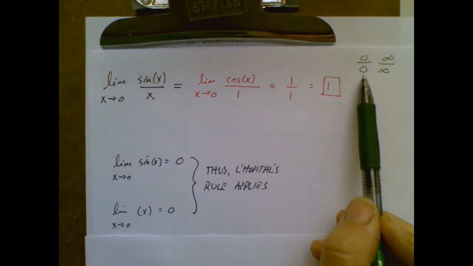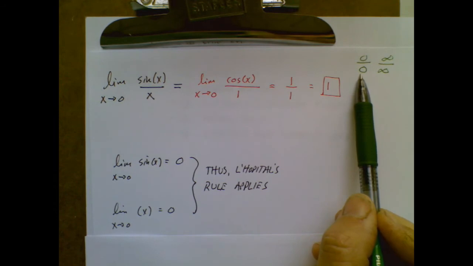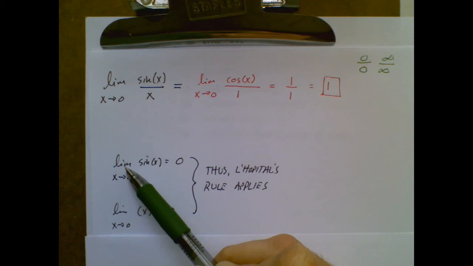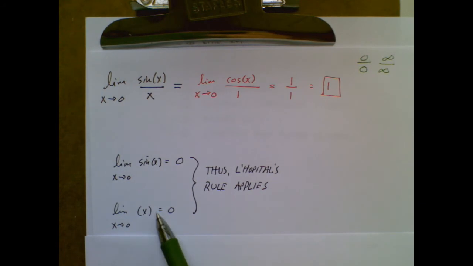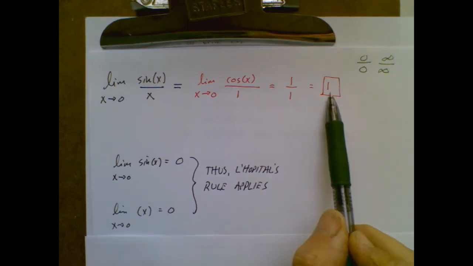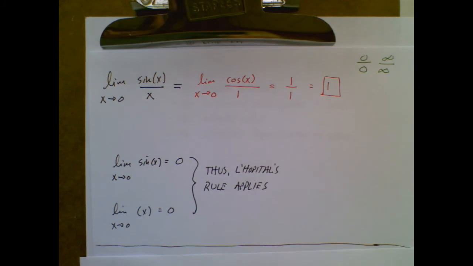Your instinct is just to scribble a 0 over 0 on the paper, but that doesn't cut it. You have to do this. You say, hey, I did the limit of the numerator and I got a 0. I did the limit of the denominator and I got a 0. Thus, Johnny L'Hopital's rule applies. This has to be on your paper to get full credit for your correct answer. This is for the math lawyers.